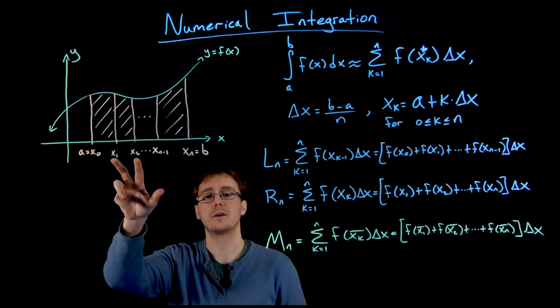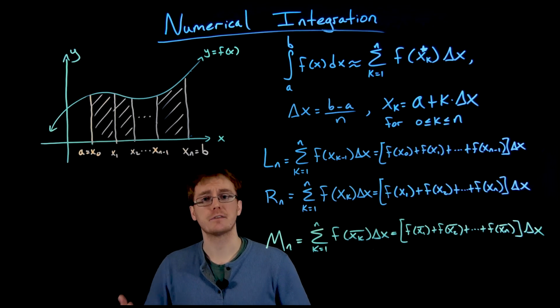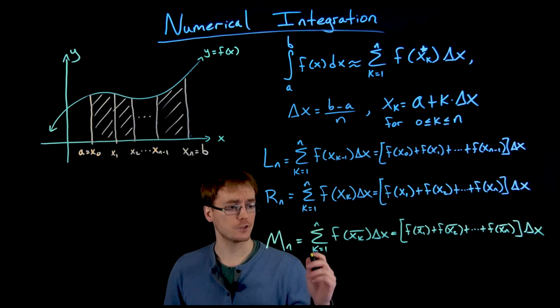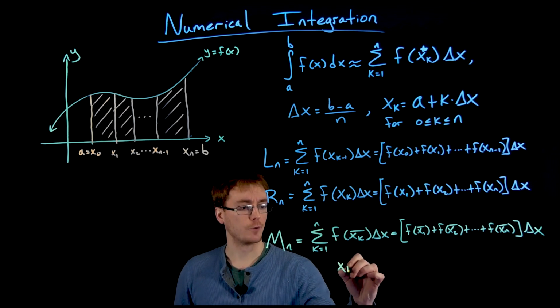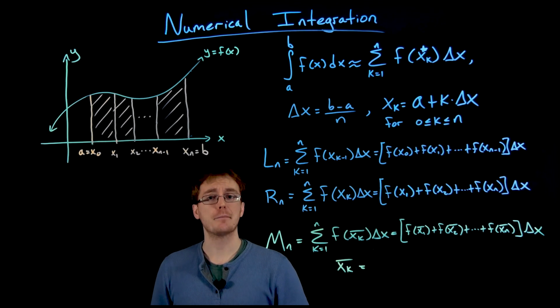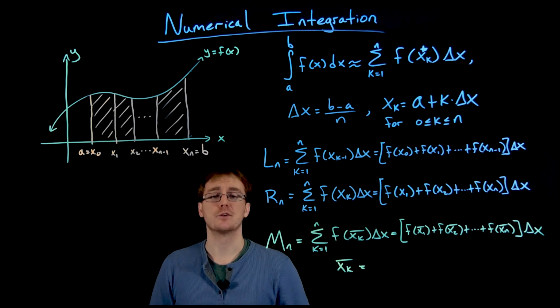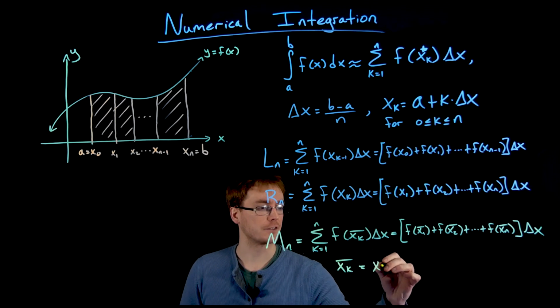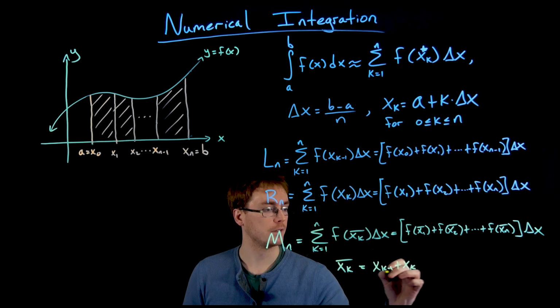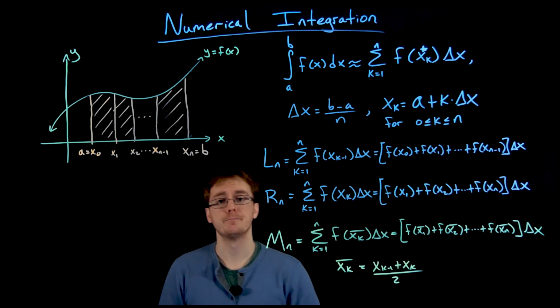Well, we take x1 and x2, add those together, divide by 2, and find their average or midpoint value. So in general, if we are looking in the kth subinterval, we're going to take the left endpoint of that subinterval, add that to the right endpoint of the subinterval, and divide it by 2. So it's going to look like x sub k minus 1 plus x sub k, all over 2.